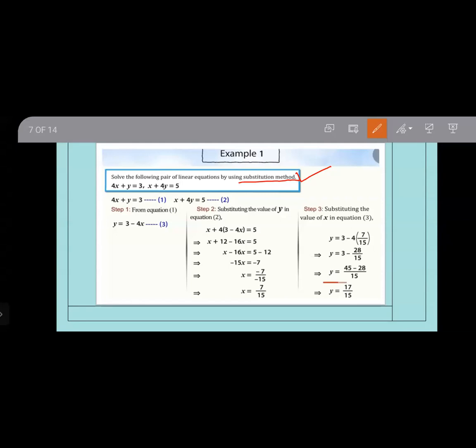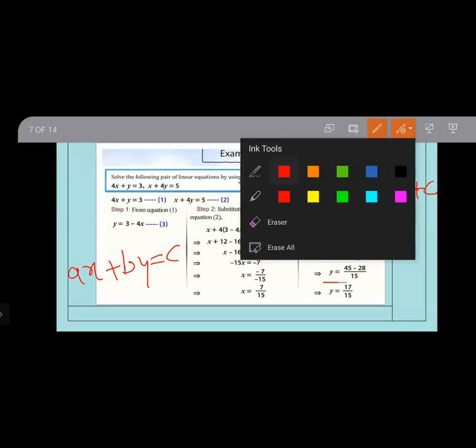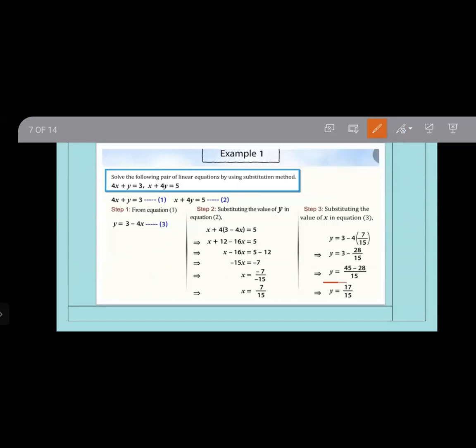The general form is ax plus by plus c equals 0, or you can write ax plus by equals c. That means the given equation should be in the general form. If it is not, then you first have to convert it into the general form.